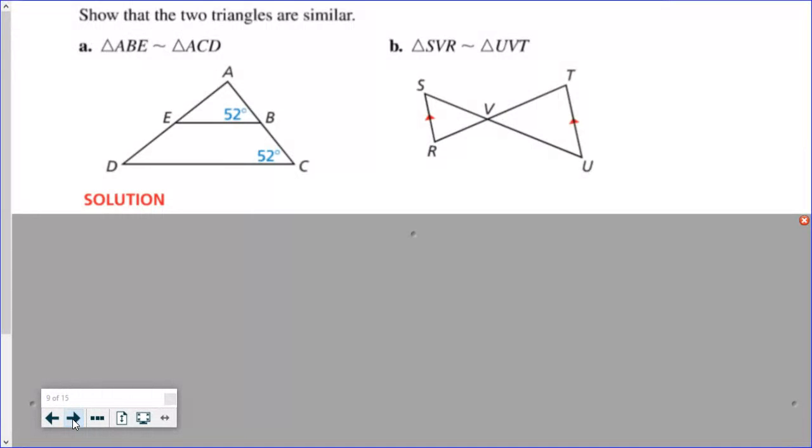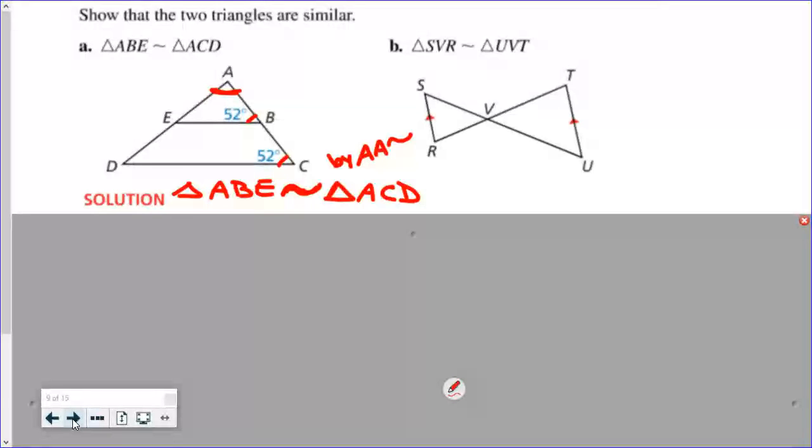Okay, remember, they have this shared angle here, and this angle here, so I know triangle ABE is similar to triangle ACD by angle, angle, similar. Because it's a shared angle, 52, 52.